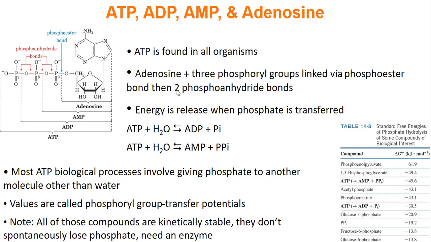Now, this is a giant misconception that you might have been told, actually, all throughout your biology or maybe chemistry career. When we break down ATP, you don't just release it into water, right? That's not how you get energy from ATP. You don't just break off a phosphate and magically get energy.